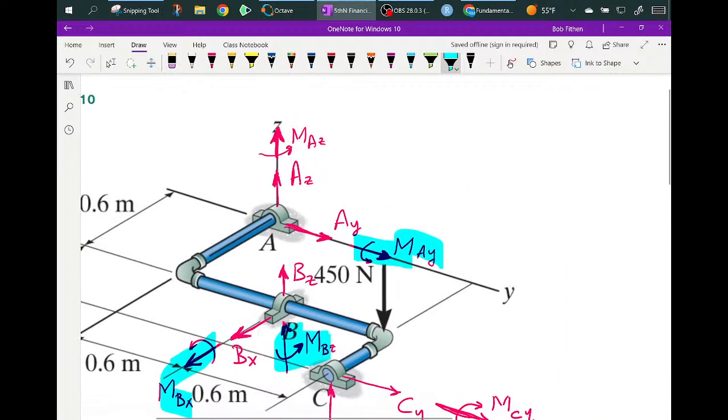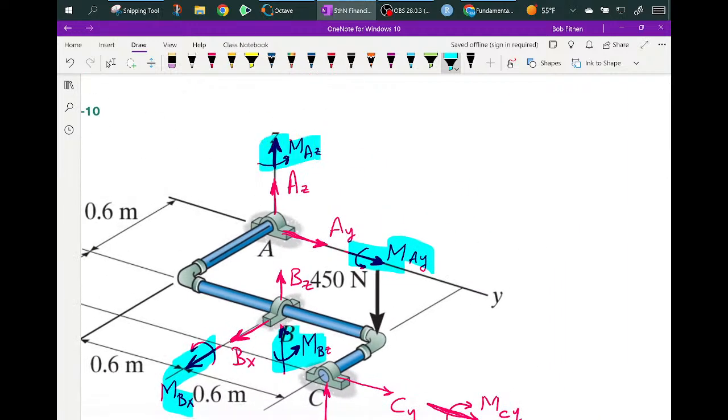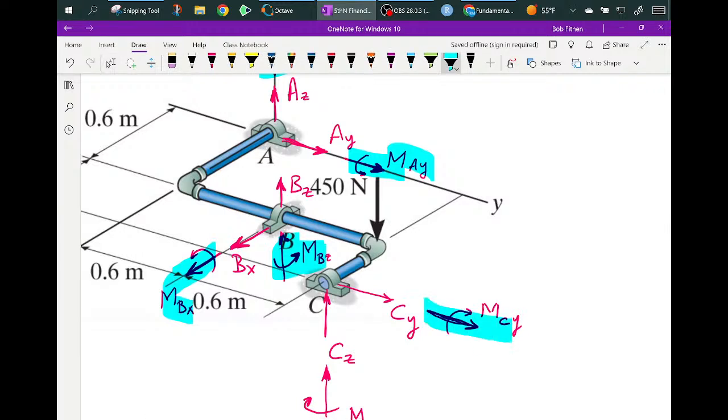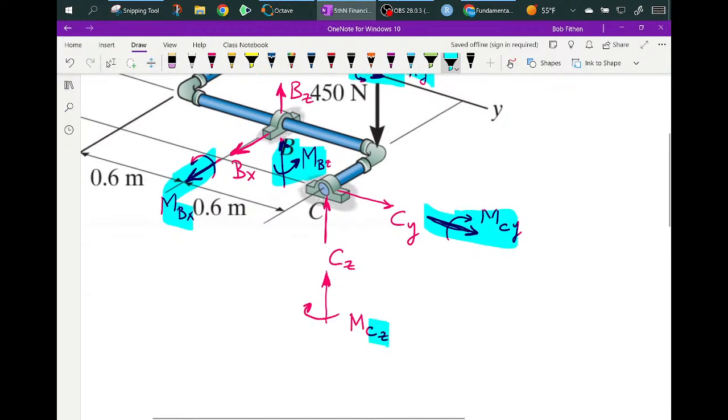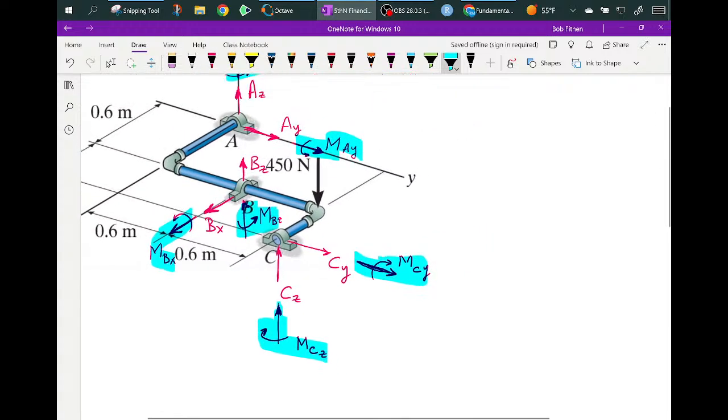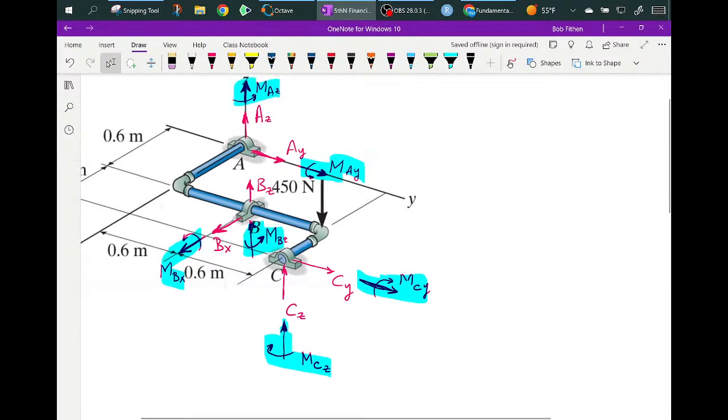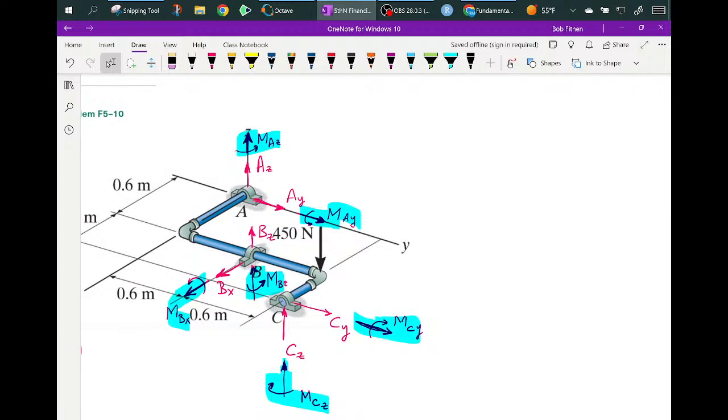So he's assumed all these blue parameters are not there. In other words, there's zero. The only way you can get that with a bearing is if it's a ball bearing, so to speak.